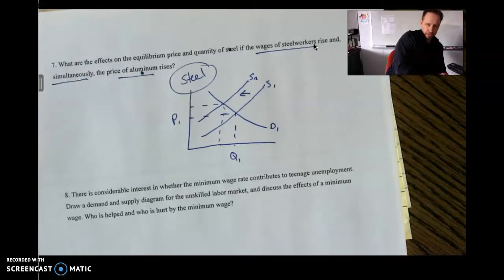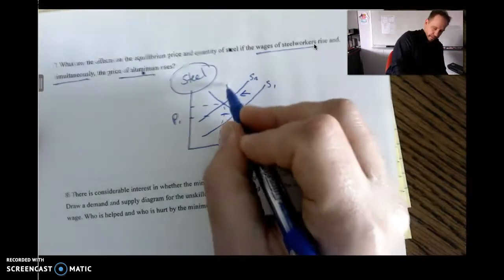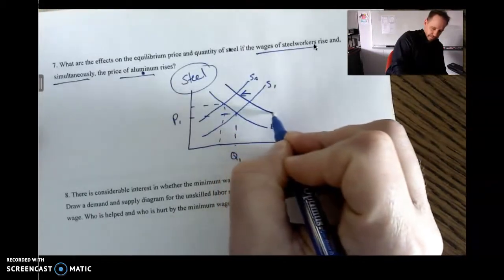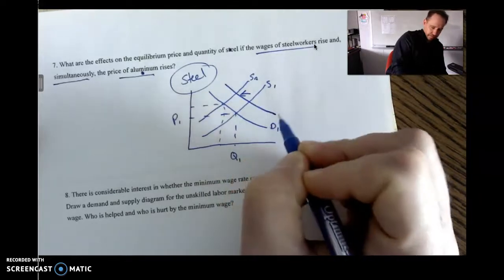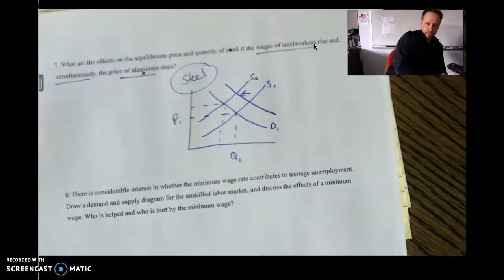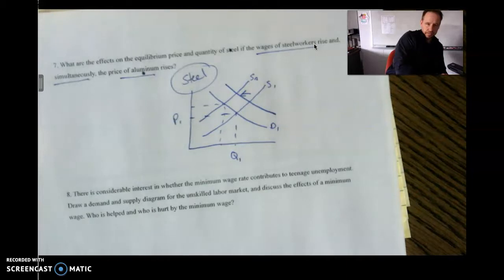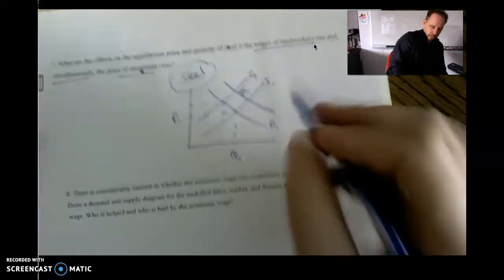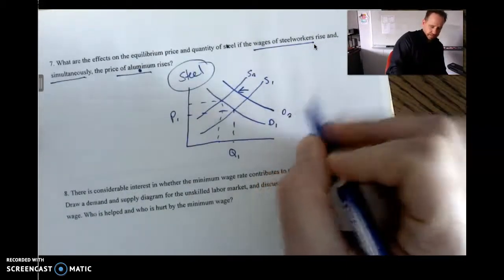Therefore, it's going to push those consumers to steel. So we're going to see an increase in the shift of demand for steel, because it's relatively less expensive. So here's our demand curve too.